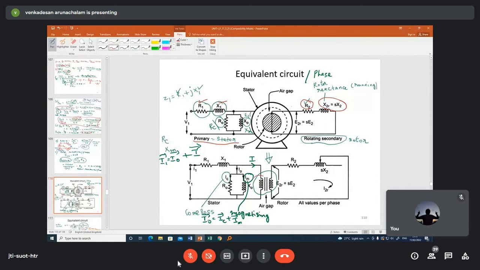This is the stator winding, this is the rotor winding, both are mutually coupled. This is the air gap. Two lines indicate the ferromagnetic core.